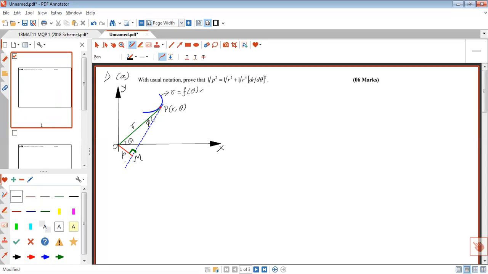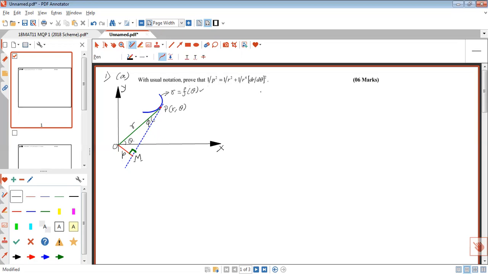I will draw a tangent PM, and also draw OM, which is perpendicular to this tangent PM. I will denote the length of the perpendicular from pole to the tangent by small letter p.